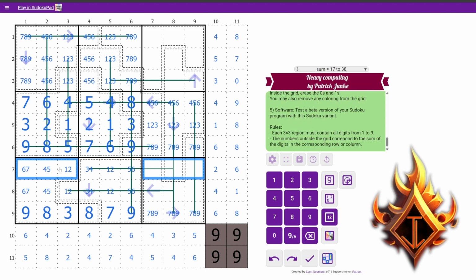Just 17. And then we need 9 more, which is also the minimum there. So everything is minimum.